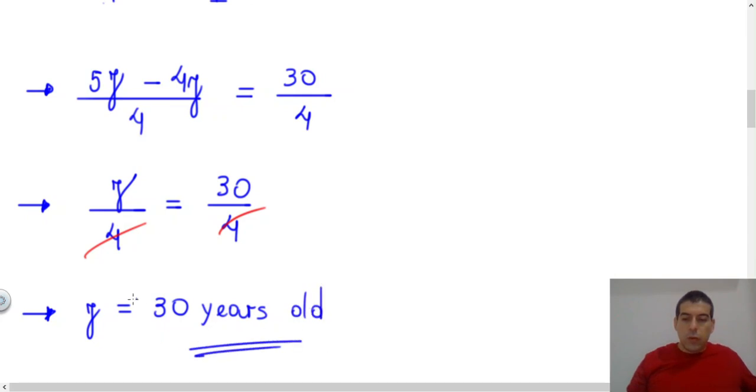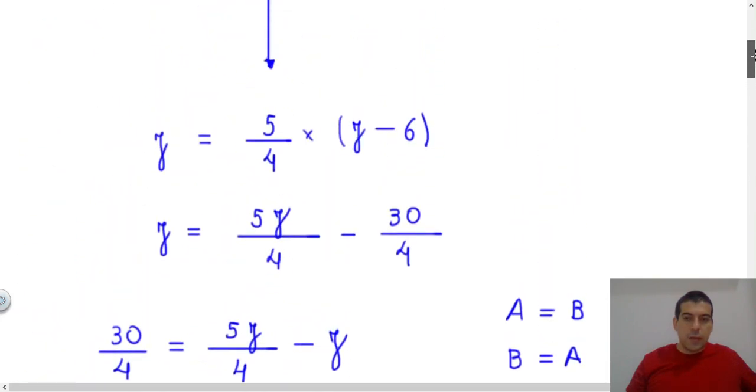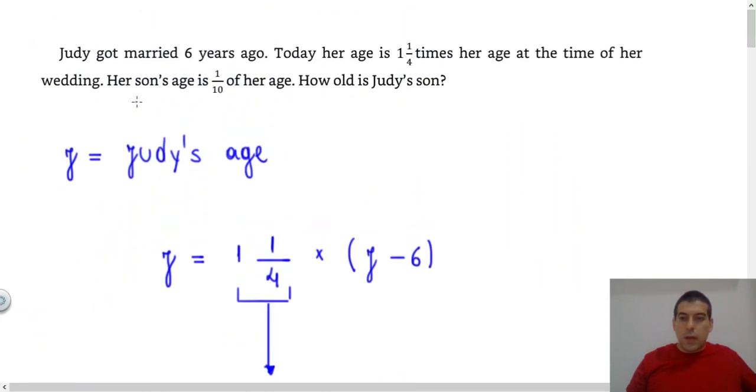So we know how old Judy is, but the question asks what is her son's age, okay? So how can we find out? We know that her son's age will be 1/10 of her age.